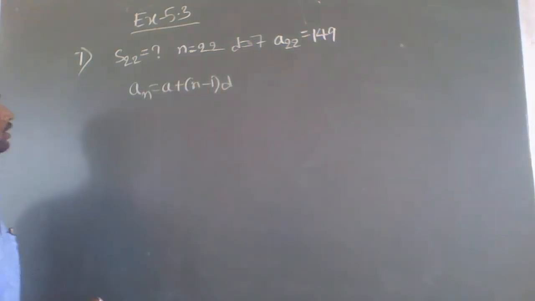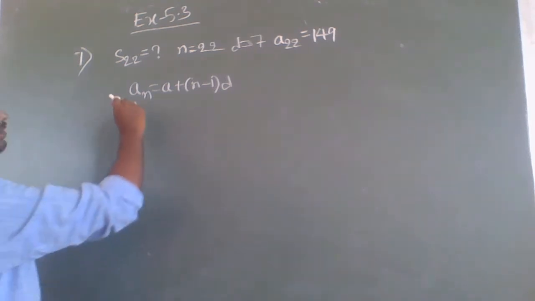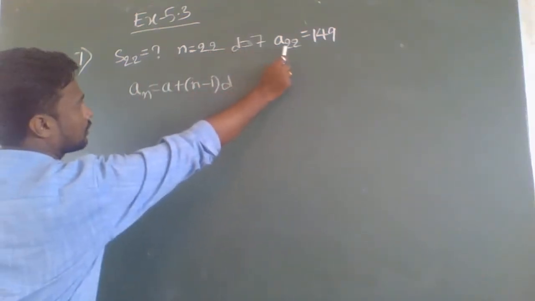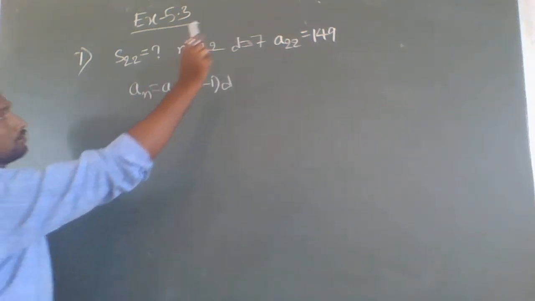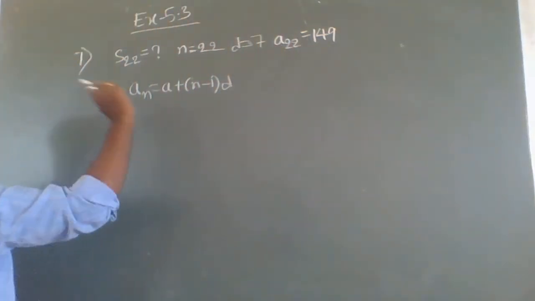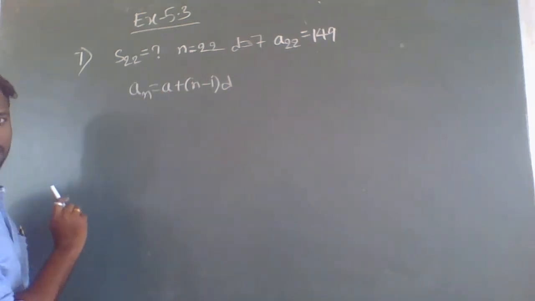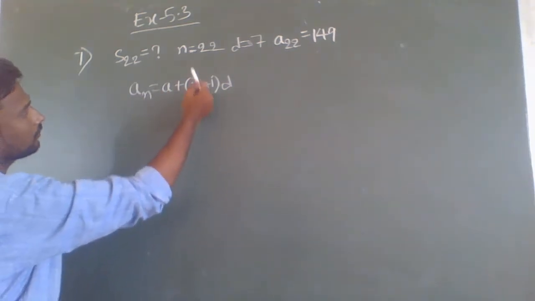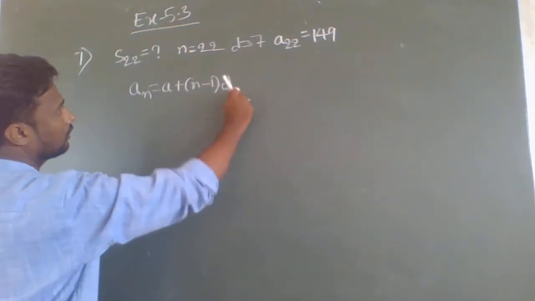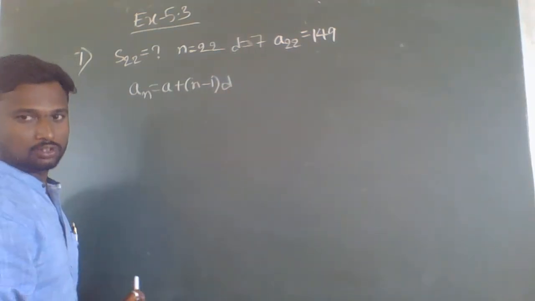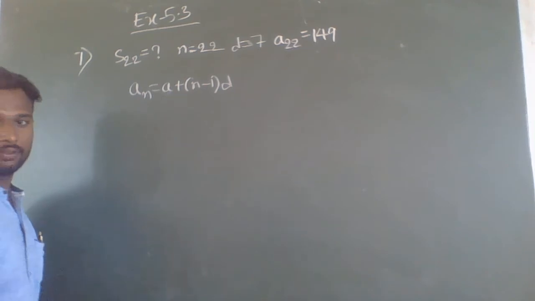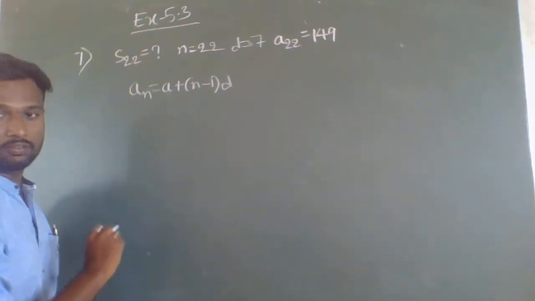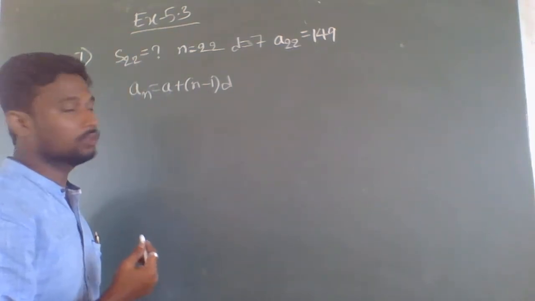I will consider this a22 as an. So an is 149, and I have to calculate a, and n is 22, and they have given d as 7. By using all these values I can calculate a, to get the Sn or S22 value.